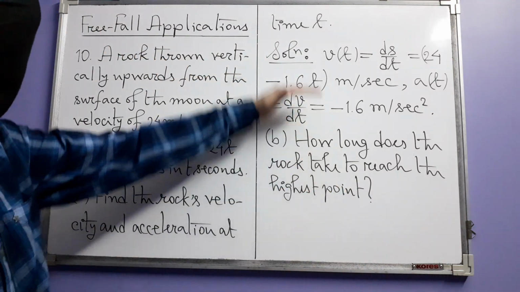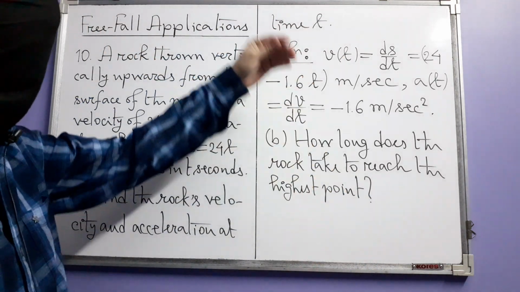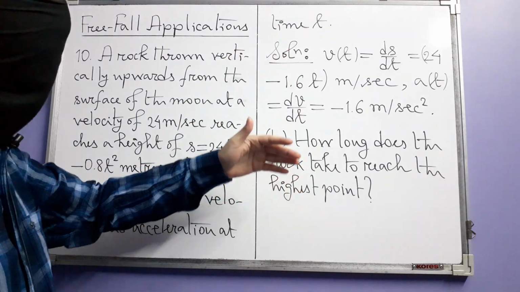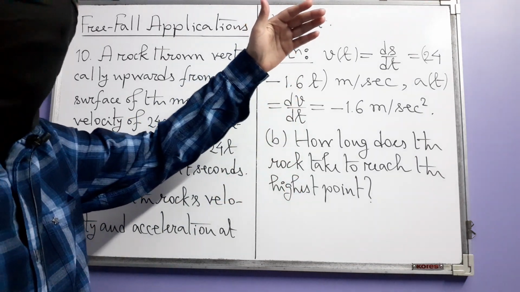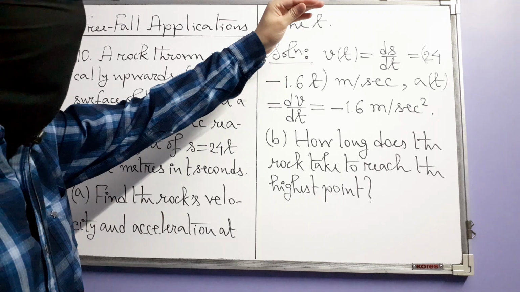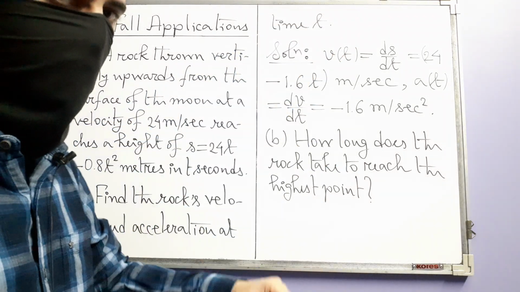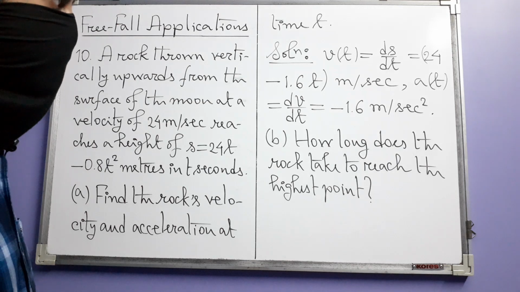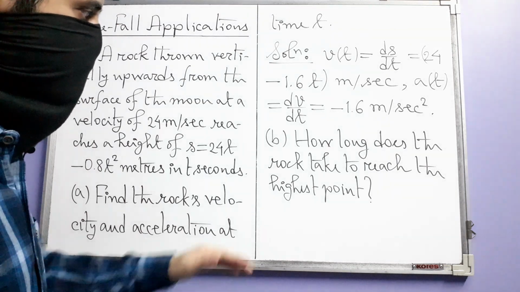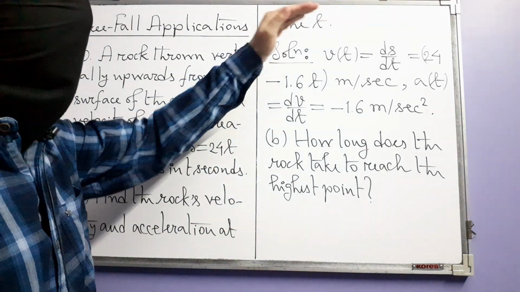When the rock goes up, as it is thrown, its velocity will gradually decrease, and at some point it will stop momentarily, and then immediately it will start to fall down due to gravity, moon's gravity. So what happens when it reaches the highest point?